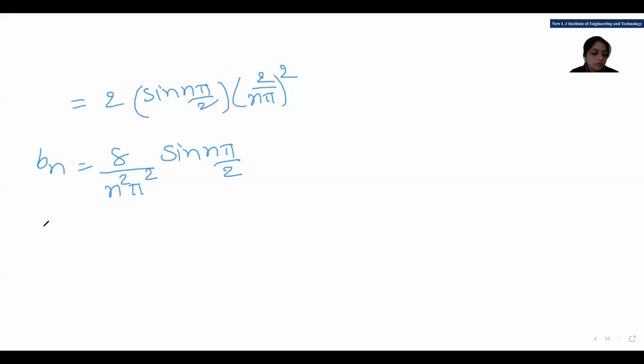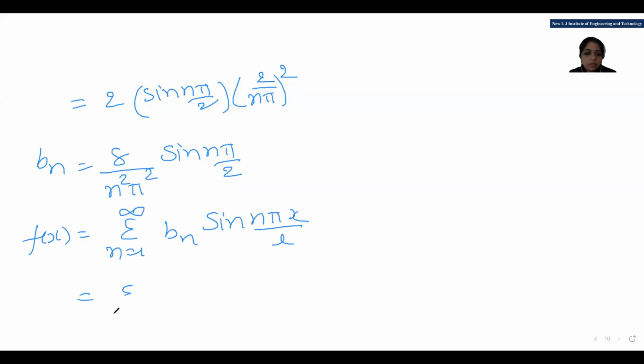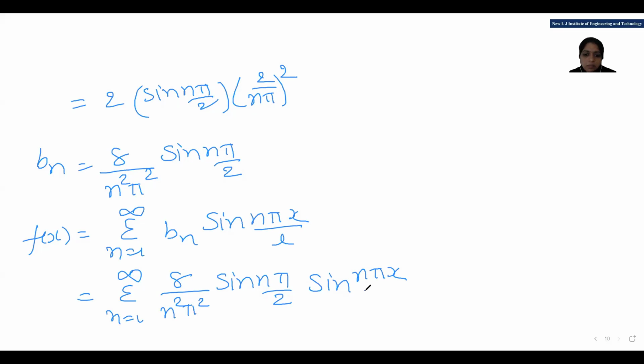So our Fourier series formula, that is summation n 1 to infinity, Bn sine n pi x by L, and as summation n 1 to infinity, Bn is 8 upon n square pi square sine n pi by 2 into sine n pi x by 2.